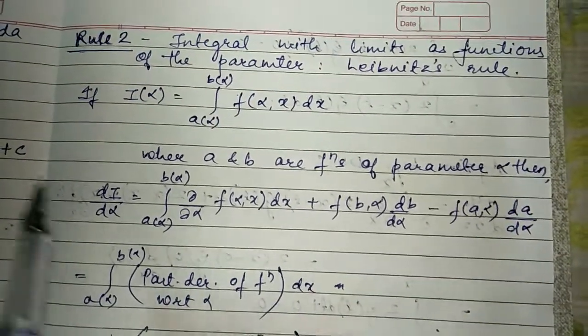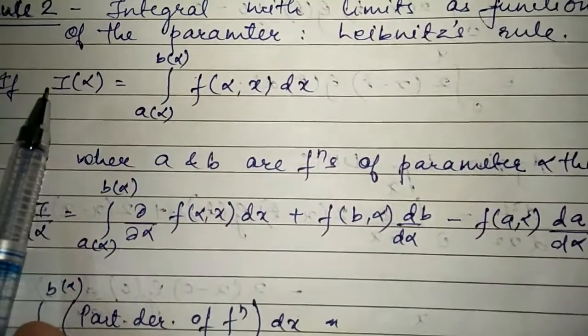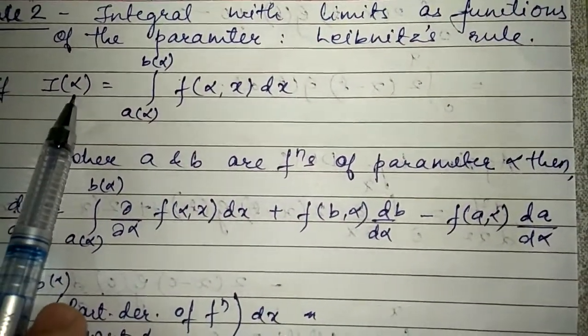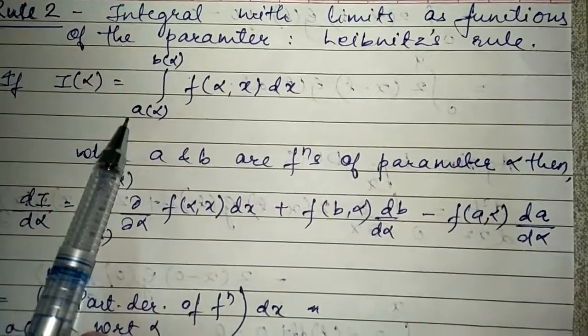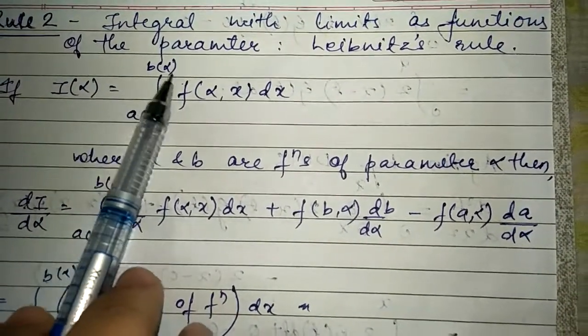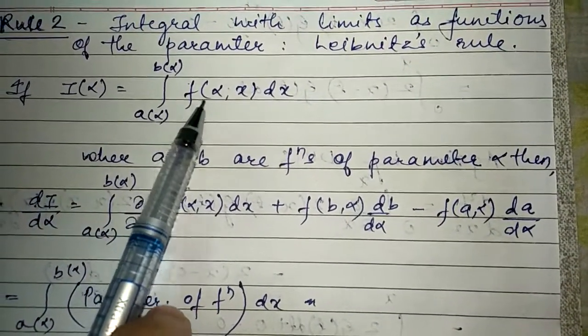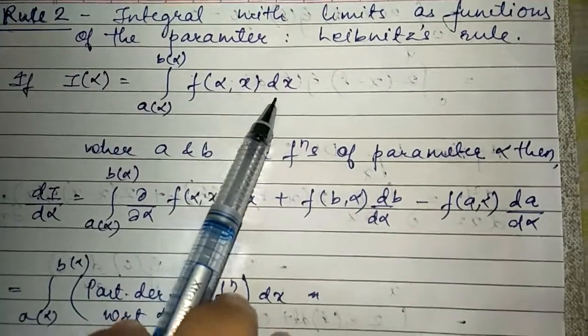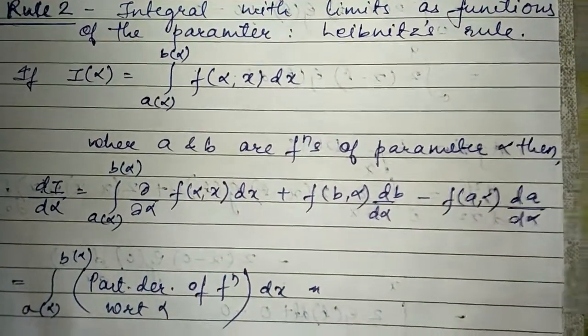Now in this case, the given integral is I(alpha), where alpha is the parameter. It is the integral with lower limit A(alpha) and upper limit B(alpha) of some function of alpha and x, dx, where alpha is the parameter and x is the variable.